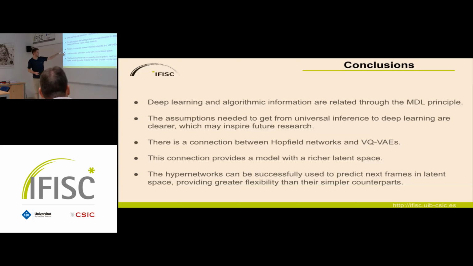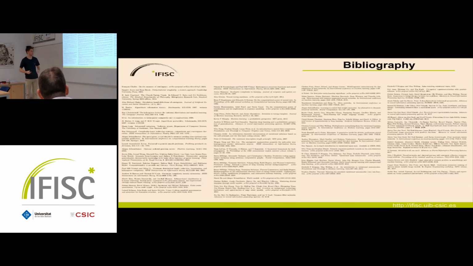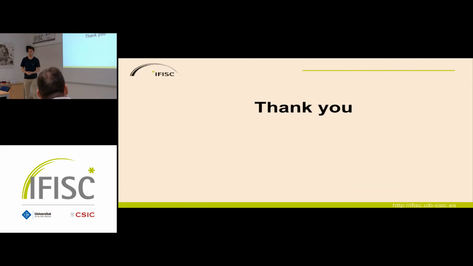There is also a connection between Hopfield networks and Bekovice, and this connection can be used to increase the representation capacity of the latent space. And finally, we have seen that hypernetworks can be successfully used to predict next frames, increasing flexibility. This is the bibliography that I have used, and thank you very much for your attention.